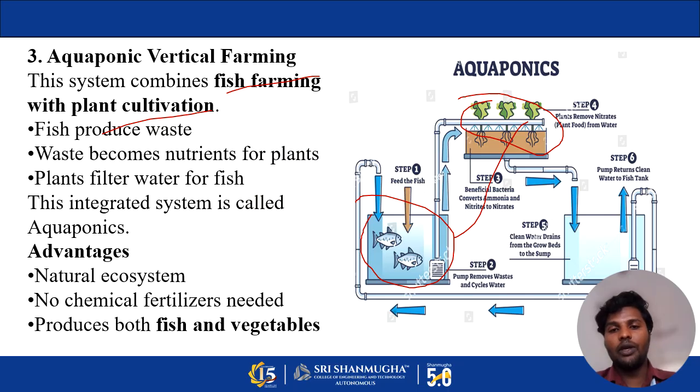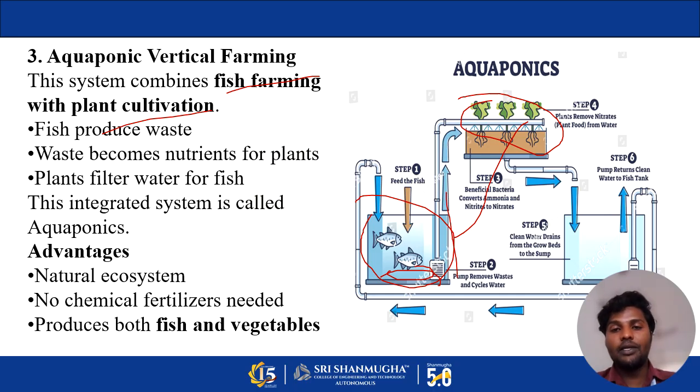First we feed the fish, and they take that food. After it is digested, it comes out as excreta that is deposited at the bottom of the tank. Then this waste is filtered, and the pump removes the waste and recycles the water so that it is suitable for plant growth.